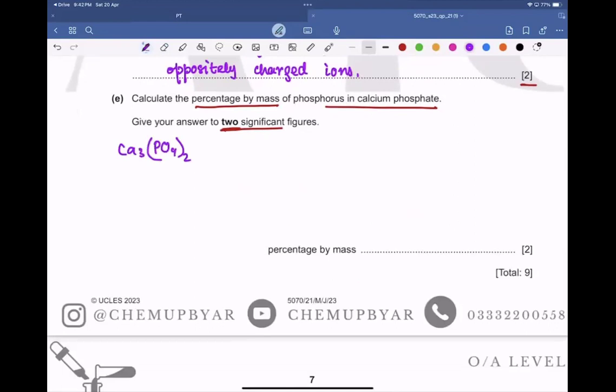If you see there are two phosphorus, so the percentage of phosphorus in it would be the Ar of phosphorus is 31, so 31 times 2. And here you have to write the Mr times 100. So if you calculate the Mr, there are 3 calciums, which makes it 120, phosphorus, which makes it 62, and 8 oxygens, which makes it 128.